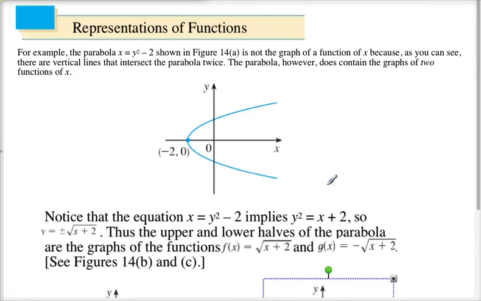So for example, if you think about the parabola x equals y squared minus 2, which is a little bit weird to think about, it's not a graph of a function of x because, as you can see, there are vertical lines that can intersect the parabola twice. So this fails the vertical line test anywhere along the domain. The parabola, however, does contain the graphs of two separate functions of x.